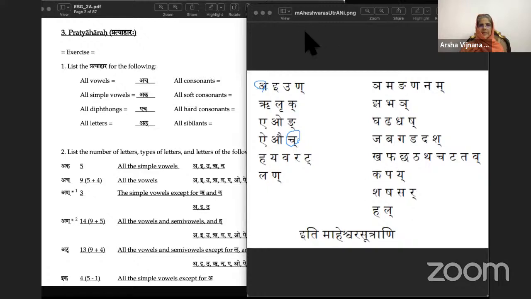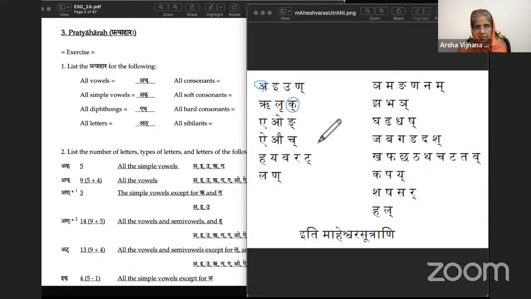Where is the ka? Second line. Very good. Ak, like in the sutra akaha savarne dirghaha. And then there is a sutra like that. So ak is used. And then all diphthongs, as we already did, Ech.